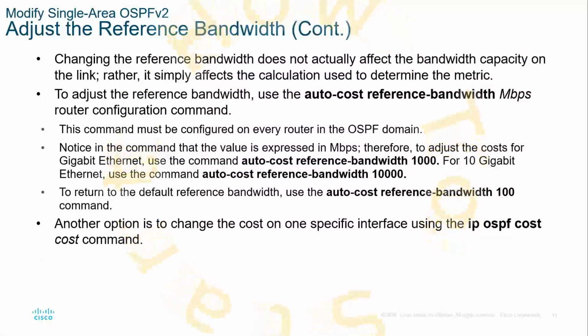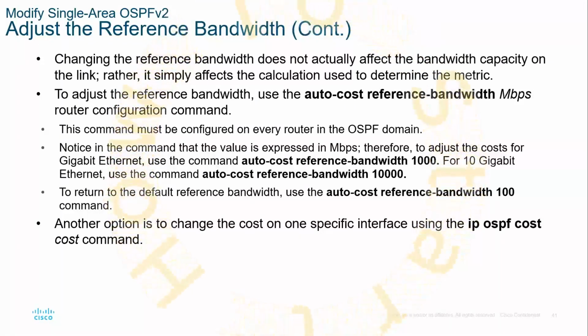Changing the reference bandwidth does not actually affect the bandwidth capacity. To adjust the reference bandwidth, we can use the auto-cost reference-bandwidth command, in megabits per second, as a router command. We can set a gig link by doing auto-cost reference-bandwidth 1000.